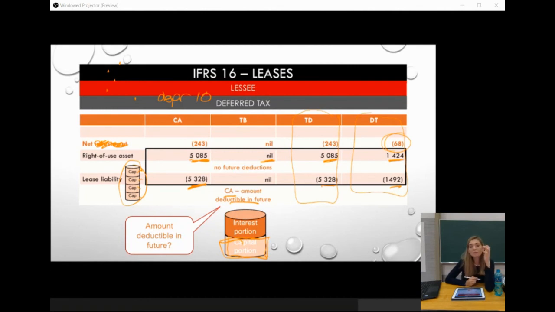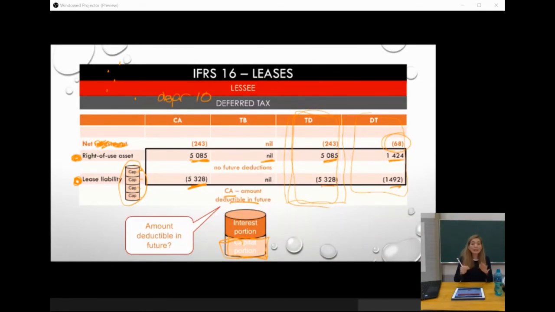So in this case, because the right of use asset was not a standalone asset, when we recognize the right of use asset, we also actually recognize the lease liability. So these two go together. Therefore, there are going to be temporary differences, and these temporary differences are not exempt.